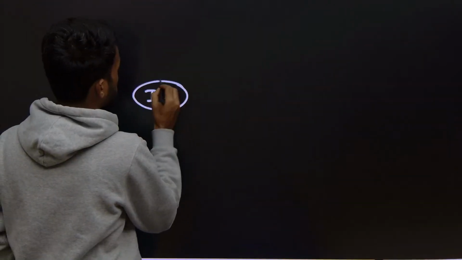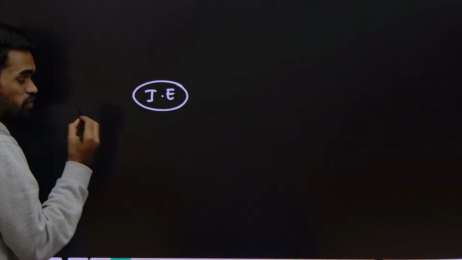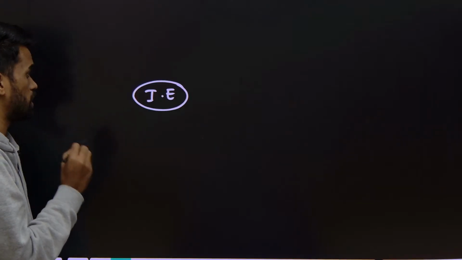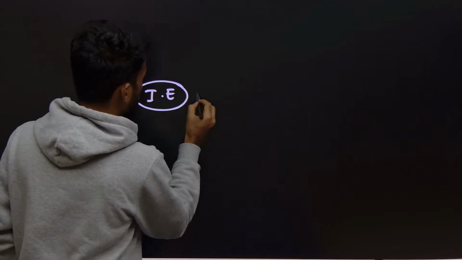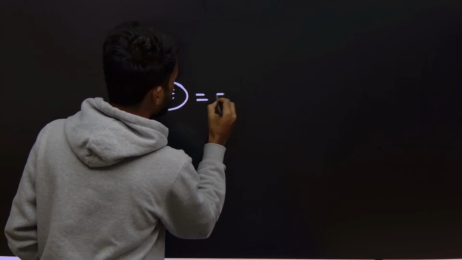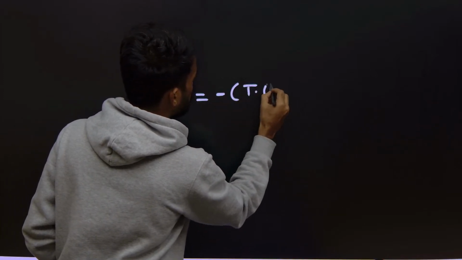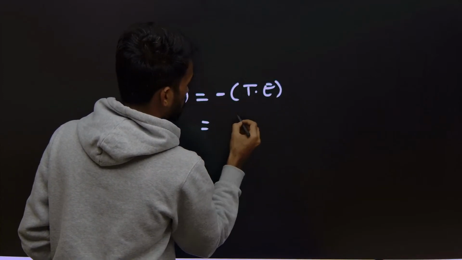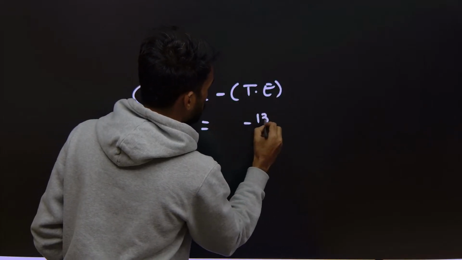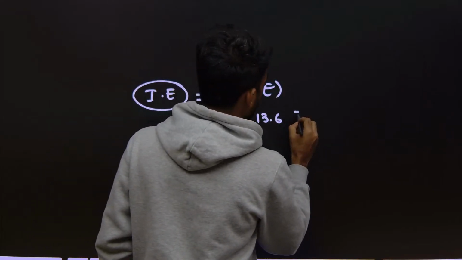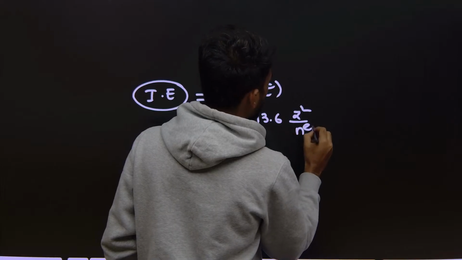In a similar way, they may also ask ionization energy value. There is nothing like a difference between ionization energy and total energy. Ionization energy equals the negative of the total energy formula. The total energy formula is minus 13.6 z square by n square electron volt per atom.